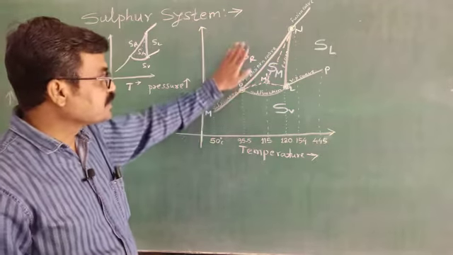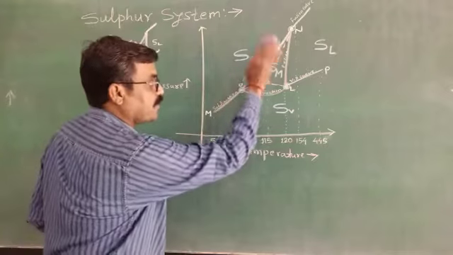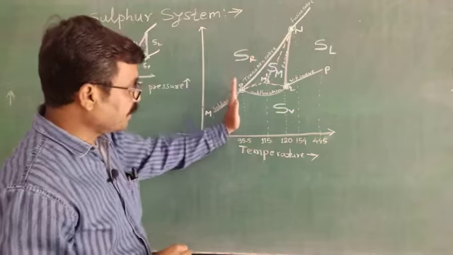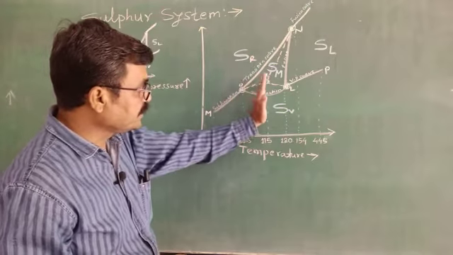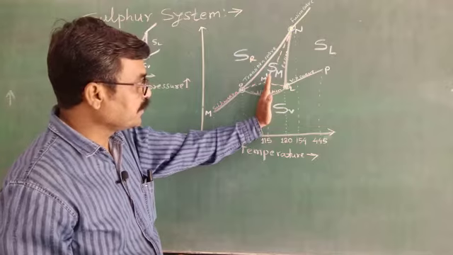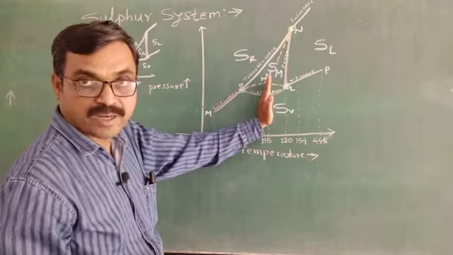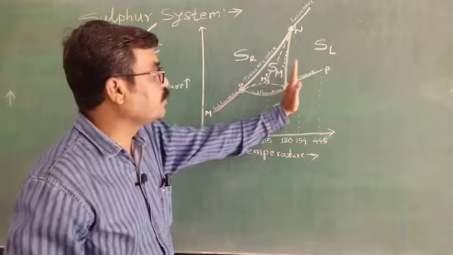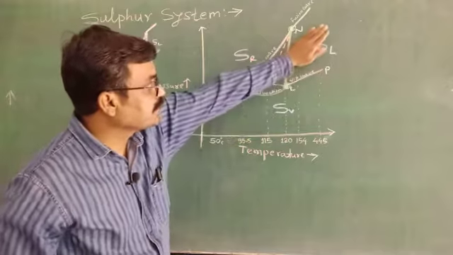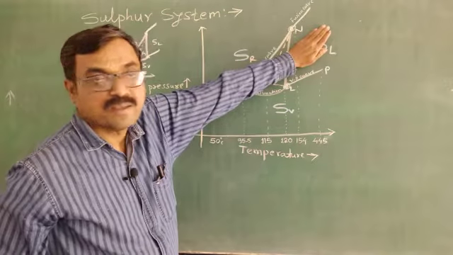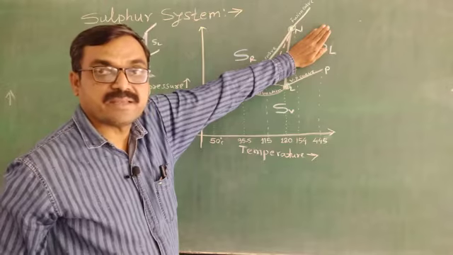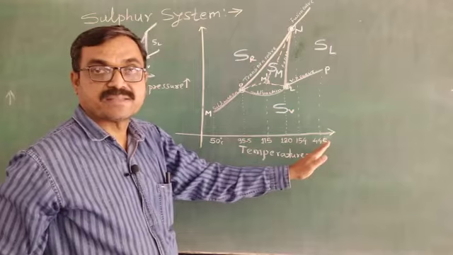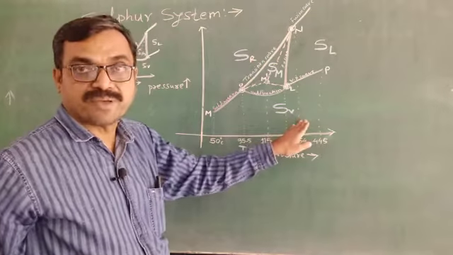If we increase the temperature beyond this, there is equilibrium between the rhombic and monoclinic, and beyond this the sulfur solid is converted into liquid, and here there is the sulfur liquid phase.